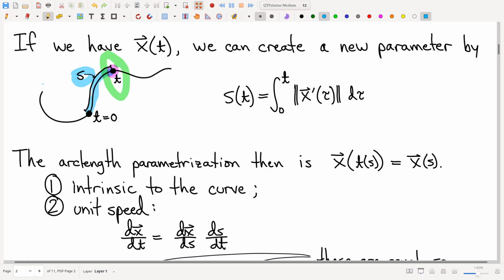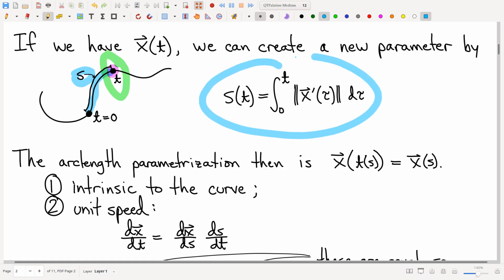Okay. So how do you relate these two things? Well, there's no problem. We have a formula that gives us distance as a function of time. Given that I'm at some point at time t, I want to know what's the amount of distance, what is this s?